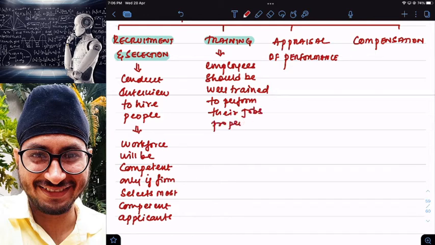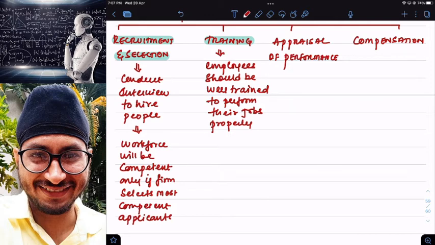Why, sir? Because if I don't give proper training to them, then what is going to happen? Then they will not be able to do work properly, because of which the company may not be successful.